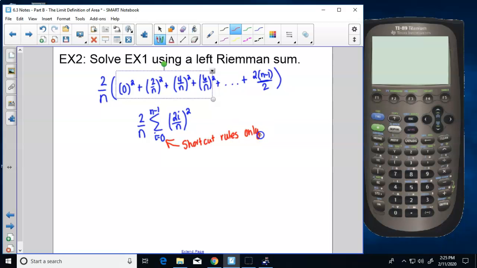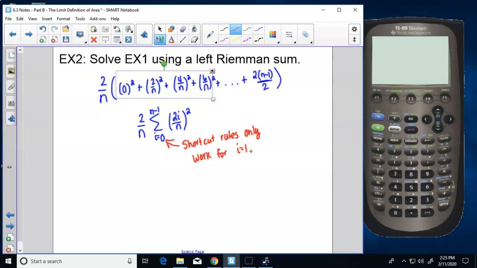Shortcut rules only work for i equals 1. So since shortcut rules only work for i equals 1, that means it is going to be much more difficult for us to use this particular rule right here.